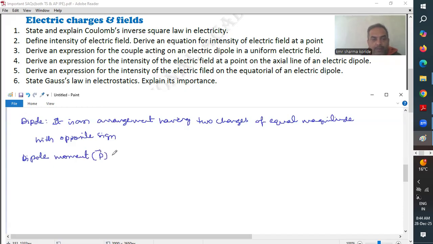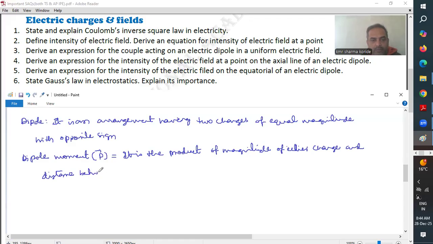It is a vector quantity. So it is the product of the magnitude of either charge, so any one charge, either positive or negative, you can take the magnitude of either charge, and the distance between them.